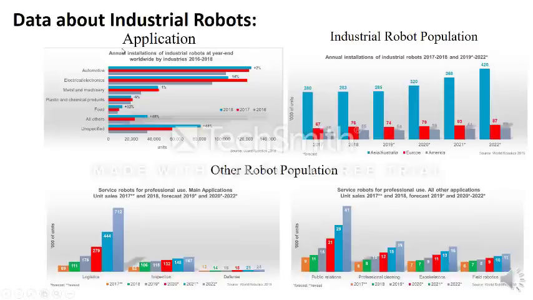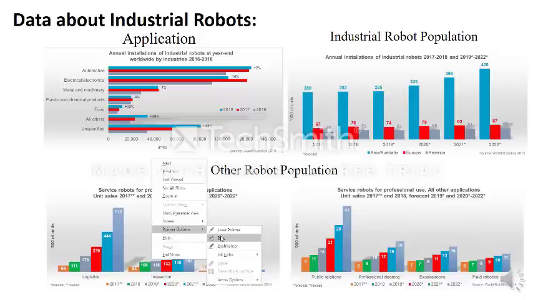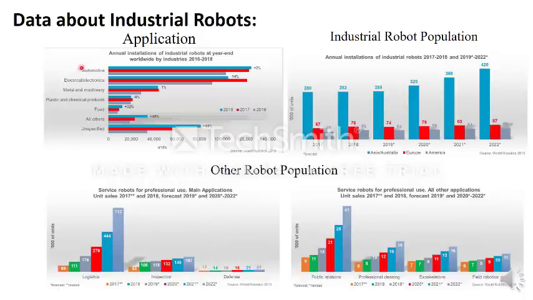Coming to the applications, you can see a lot of applications like automotive, electrical and electronics, metal and machinery, plastic and chemical products, food industries, and others. Automotive applications have a huge market.